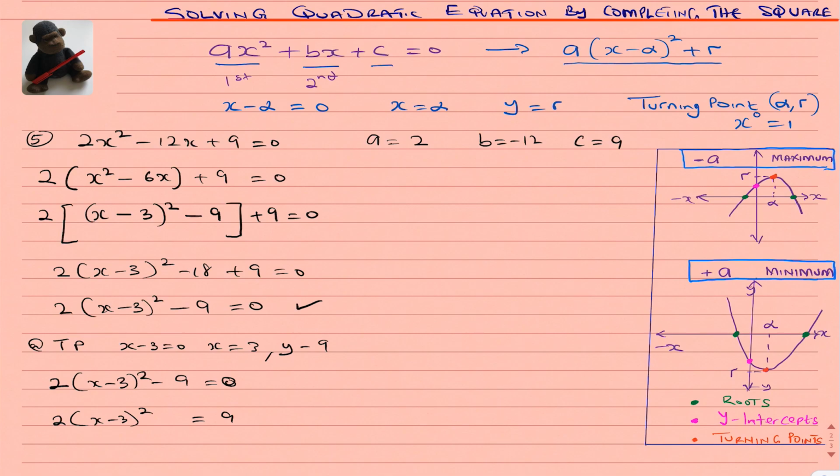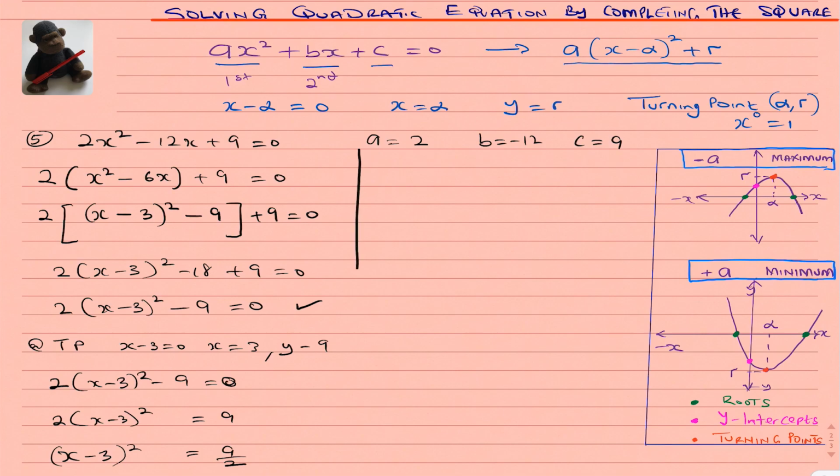And I need to divide both sides by 2. So x minus 3 squared equals 9 over 2.